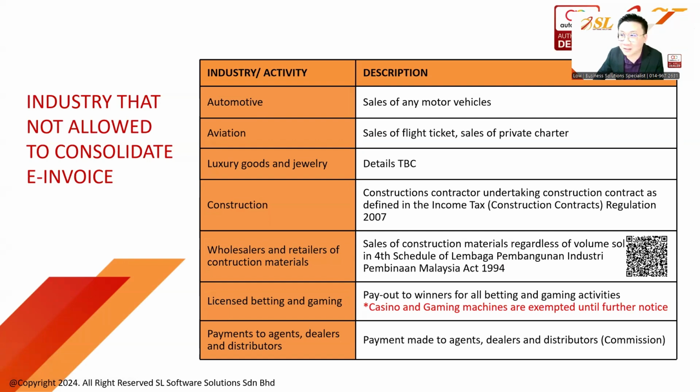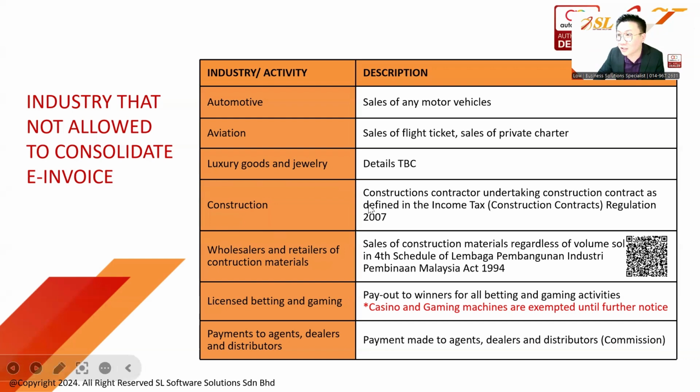You cannot simply buy a car without your identity. This information is used for data analysis purposes. So how many cars do you buy every year? Flight tickets, luxury goods and jewelry, all these cannot. Luxury goods are still in discussion, not finalized yet, but in future cannot. You buy luxury goods, you still need to provide your IC.